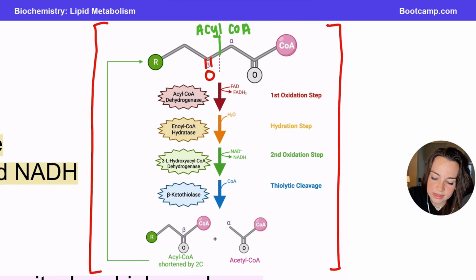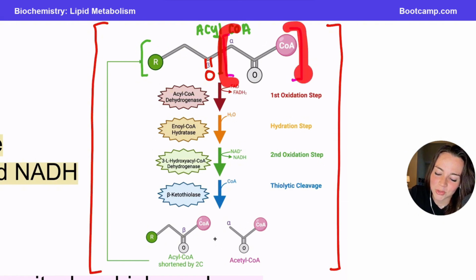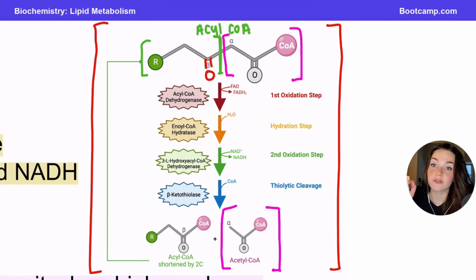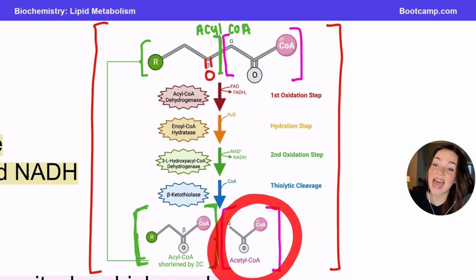And by cleaving at that location right there between the alpha and beta carbon, we shortened this acyl CoA by 2 carbons. And wouldn't you know it, this 2-carbon group that we cleaved off the end of our acyl CoA is the structure of acetyl CoA. So we freed out an acetyl CoA and we are left with an acyl CoA that has been shortened by 2 carbons. Those 2 carbons went towards making that acetyl CoA.